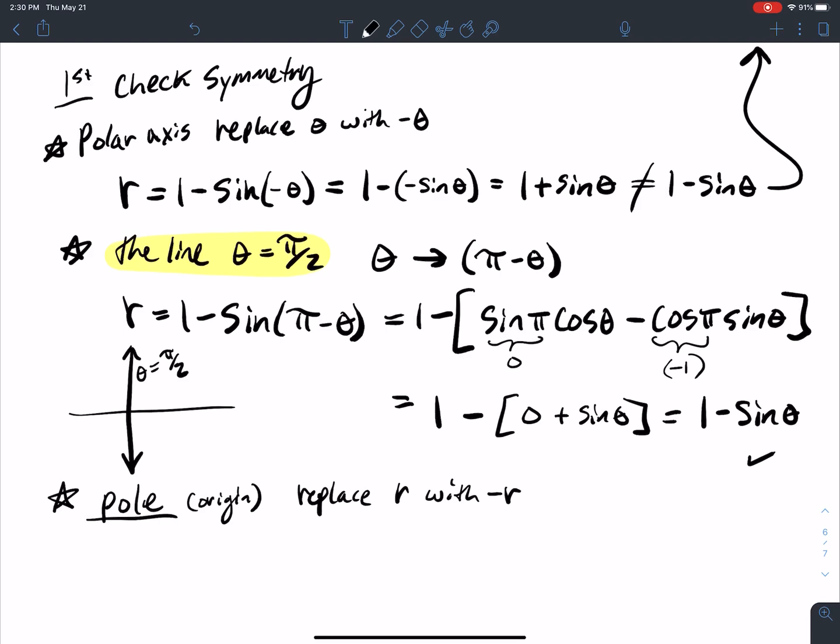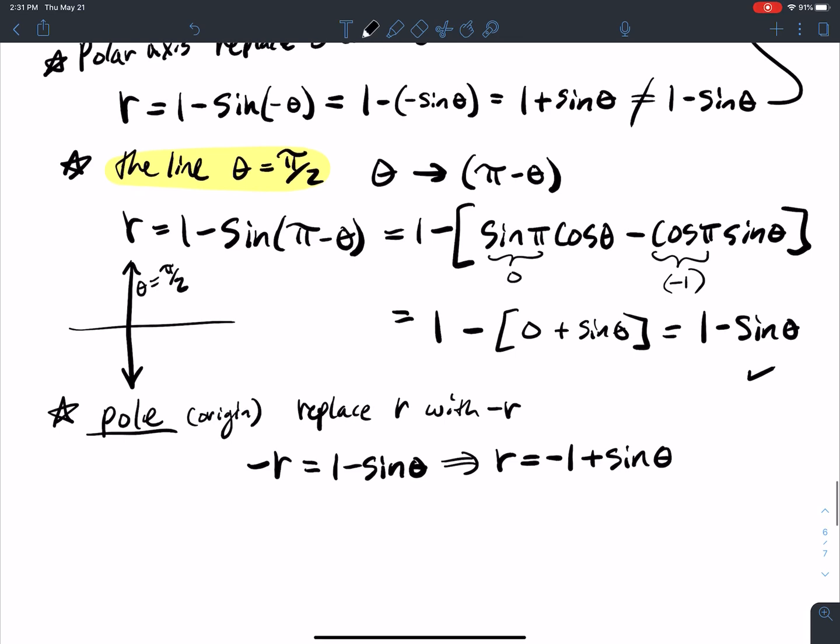And so that gets me negative r equals 1 minus sine theta. When I solve for r, I get r equals minus 1 plus sine theta. So the test fails. Let's replace theta by theta plus pi.